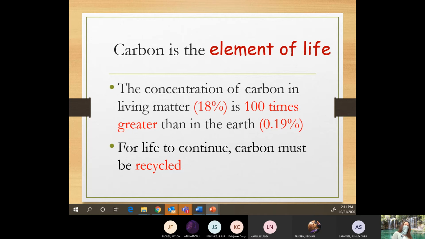The reason we consider that is because carbon is found 100 times more in living matter than it is throughout the rest of the earth. So in order for life to continue, in order for more babies and little puppies and all of that to be born, carbon has to continually be recycled. For all we know, you could be part Albert Einstein.